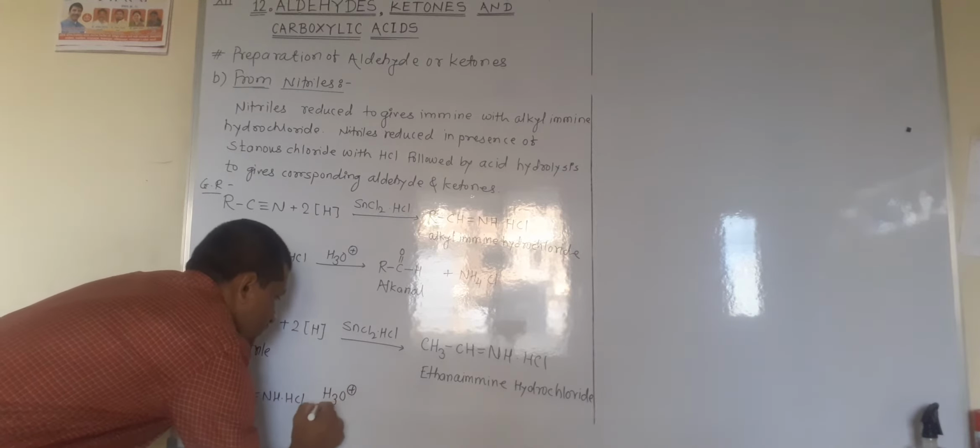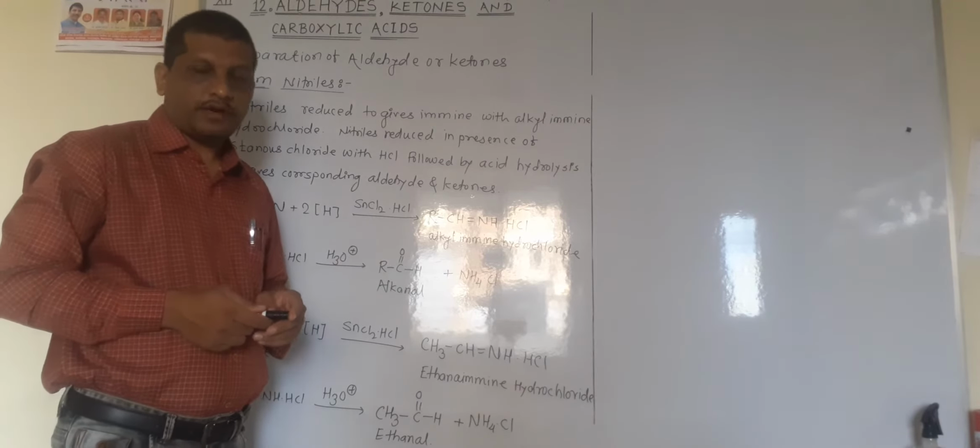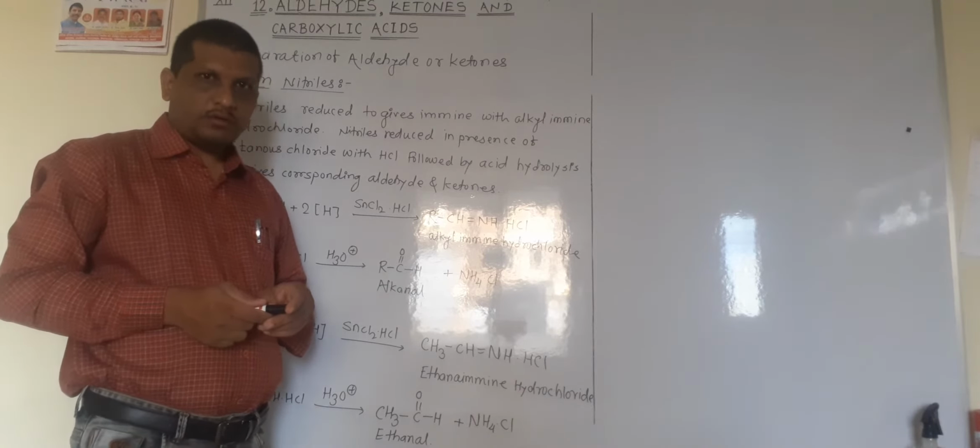So this is the preparation of aldehydes from nitriles. Nitriles reduce to give the imine, the alkyl imine hydrochloride, in the presence of stannous chloride and HCl, and further acid hydrolysis gives the corresponding aldehyde or ketones.